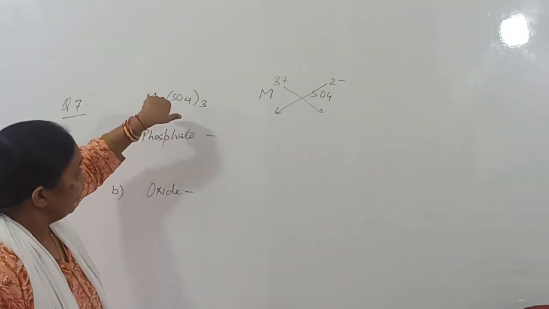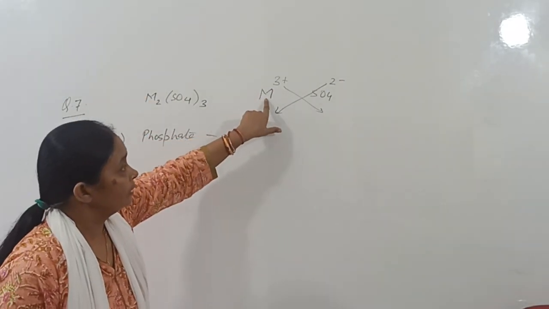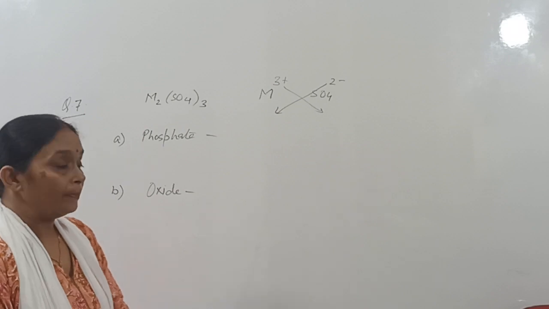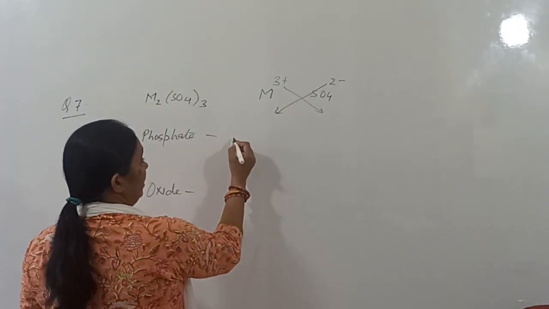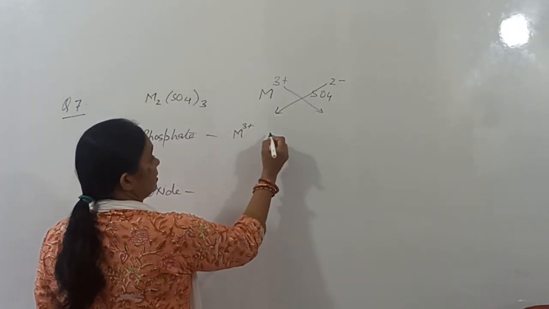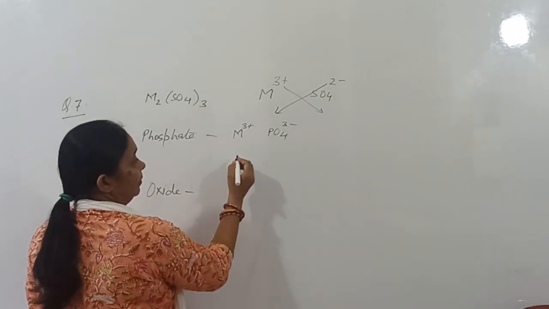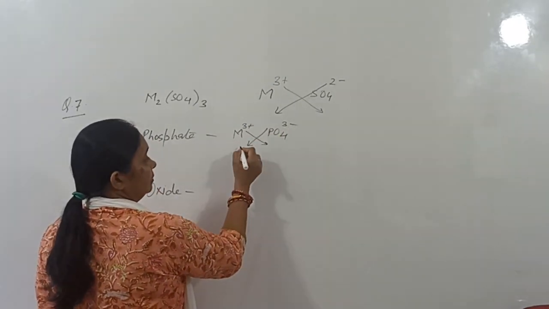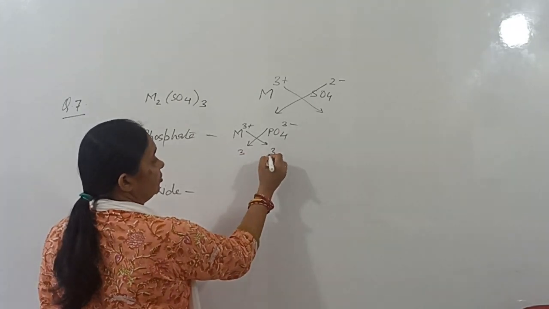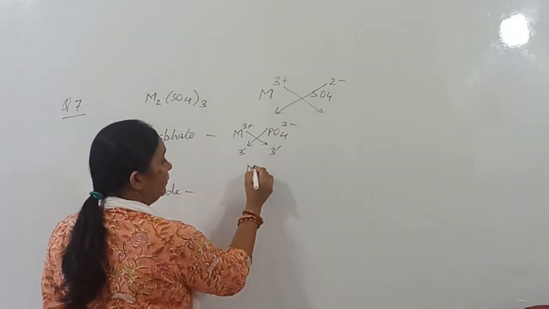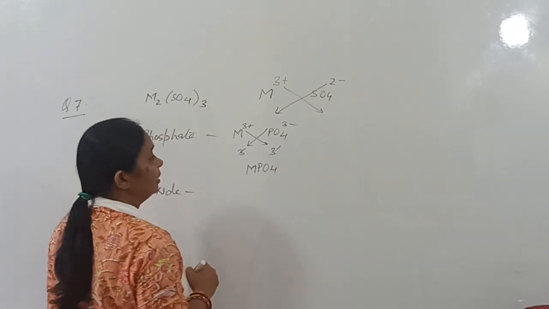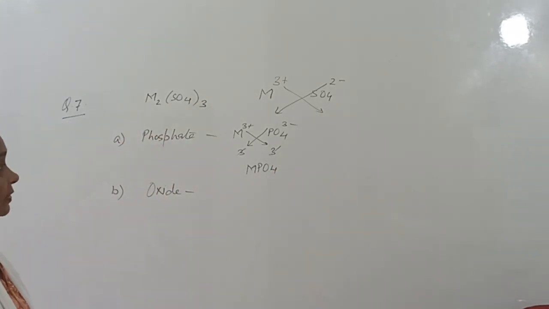That means from this formula you come to know that the valency of the metal is 3 plus. So phosphate for this: M is 3 plus, phosphate is PO4 3 minus. Exchange the valencies, the 3s will cancel. So MPO4 will be the formula for its phosphate.